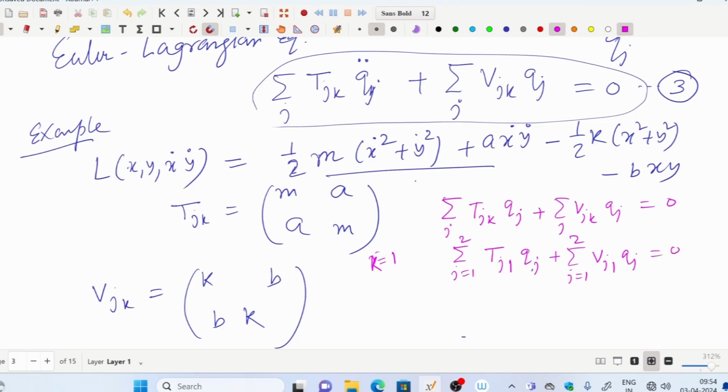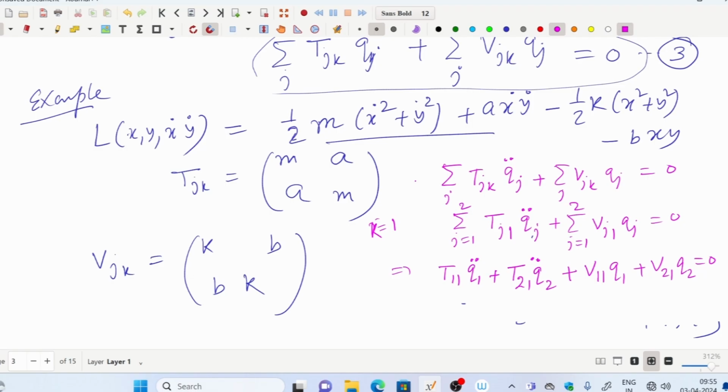If we expand, the equation of motion will be T_11 q_1 double dot plus T_21 q_2 double dot, plus V_11 q_1 plus V_21 q_2 equal to 0. This will be one of the equations.